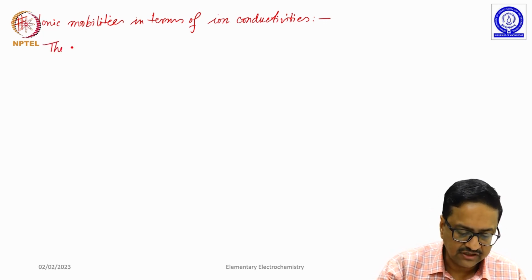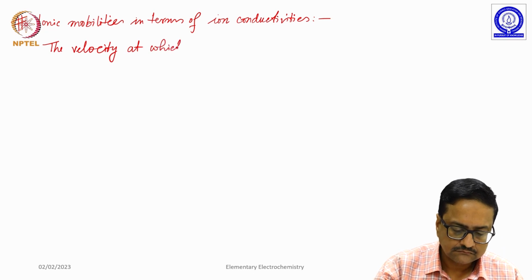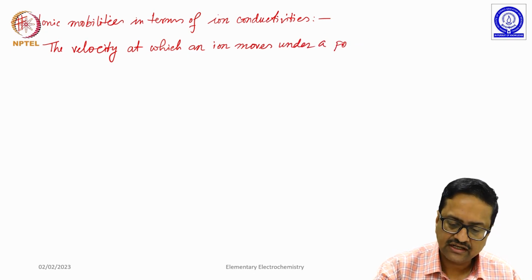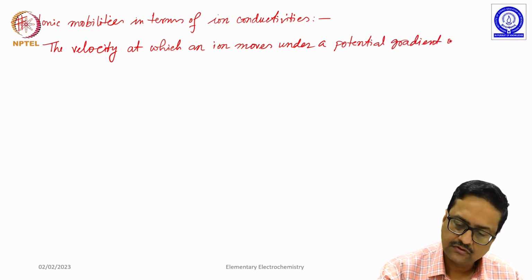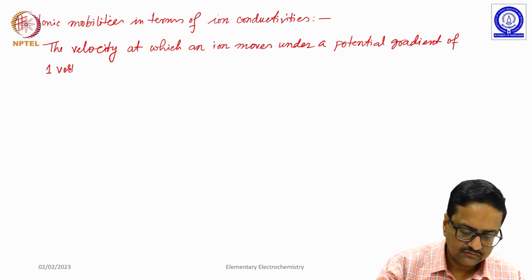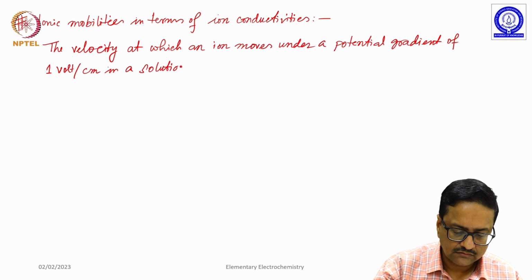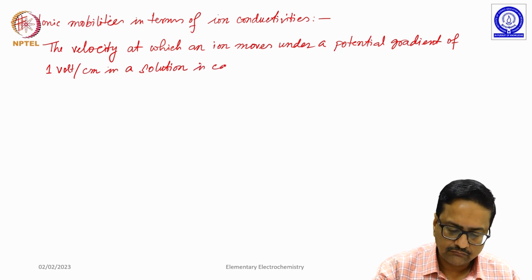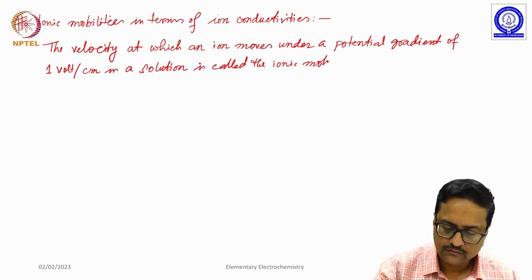The velocity at which an ion moves under a potential gradient of 1 volt per centimeter in a solution is called the ionic mobility of an ion.